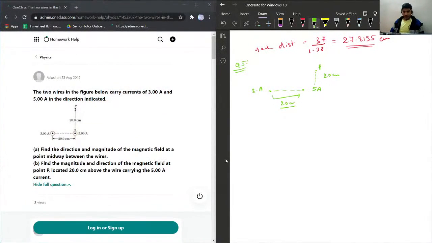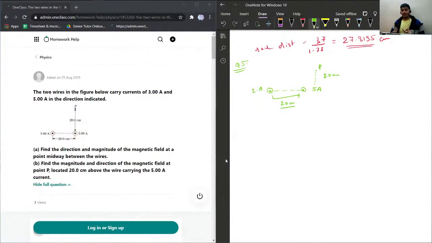So yeah, I have this conductor, and there are two wires in the figure given below. One is this 3 ampere, and the other one is 5 ampere, and these are coming out of the plane of paper. So we'll draw a circle here, and there is the right hand thumb rule.